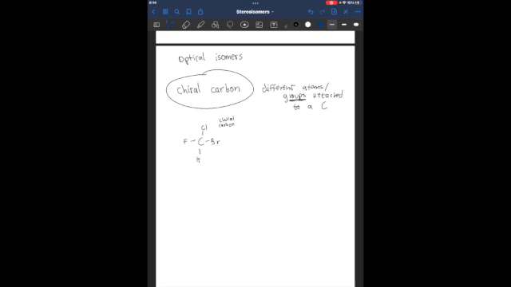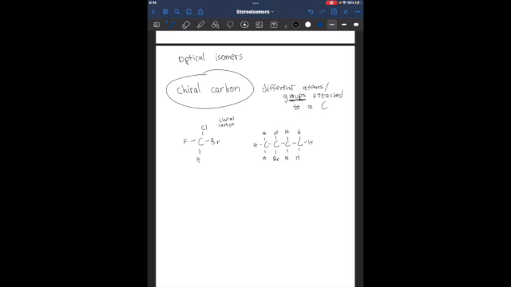It could also be referring to different groups. So if I had something like this, okay, let's do bromine here and CH3 and hydrogen.